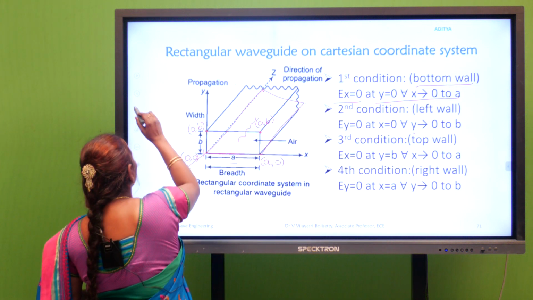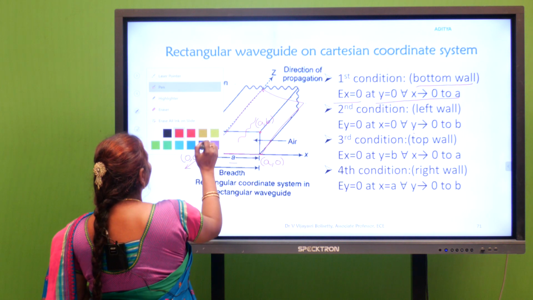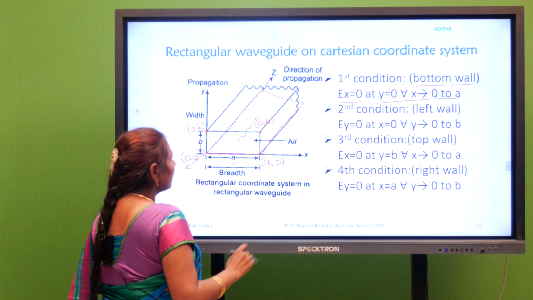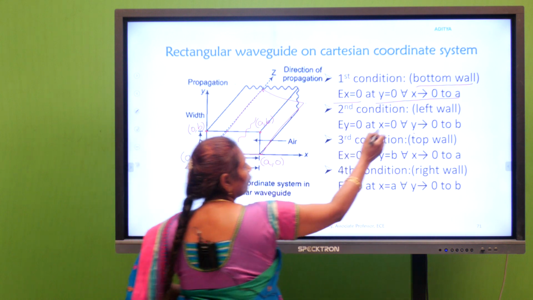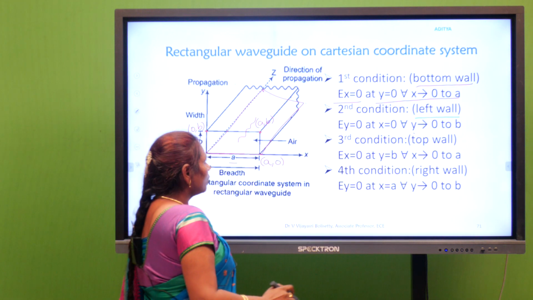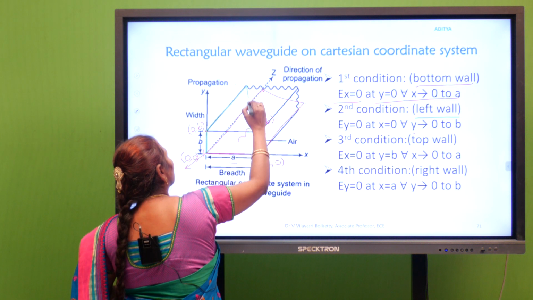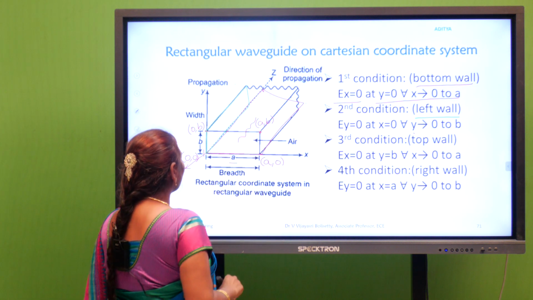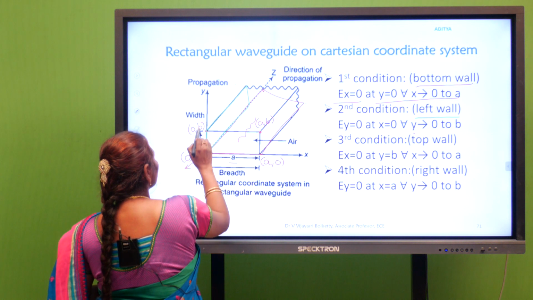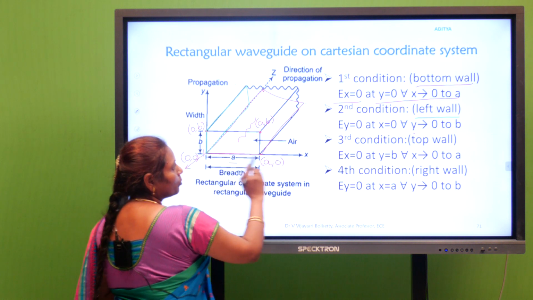Now let us take another boundary, the left wall. On this left side surface, y changes from 0 to b, where x remains 0.